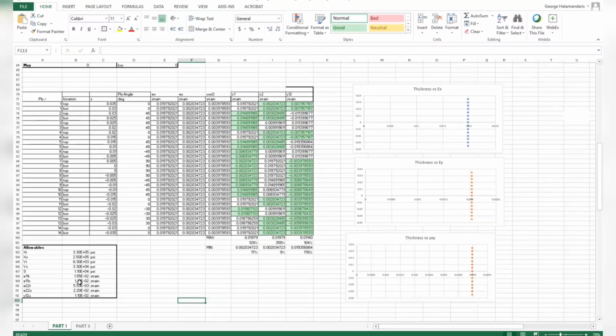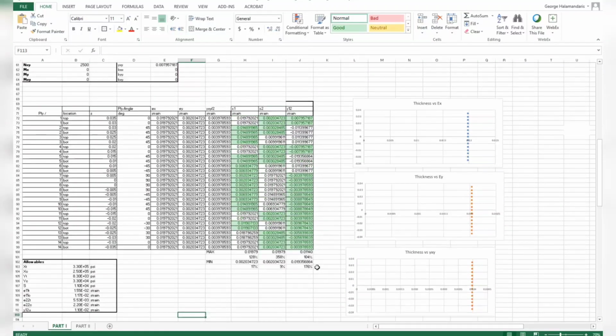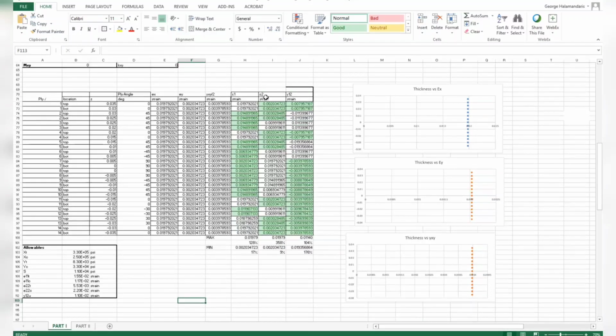If it was in compression, then it would be compared to the E11C allowable. Then in the 2 direction, your strain, there again are additional exceedances by 358%.